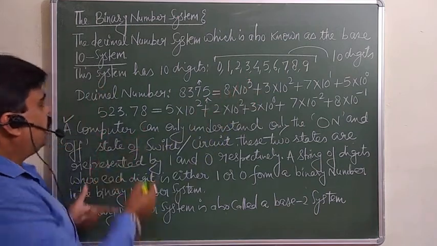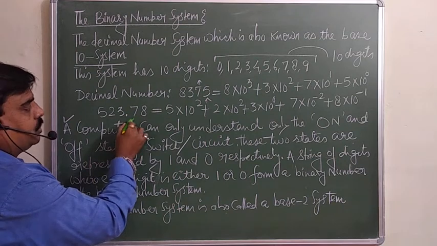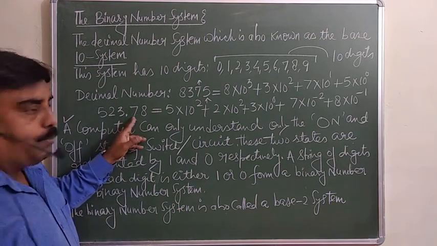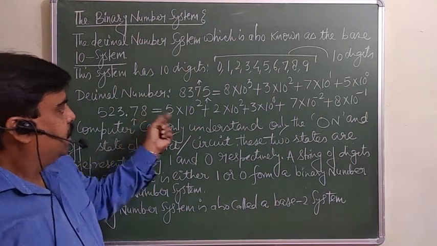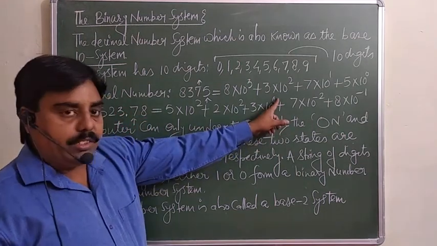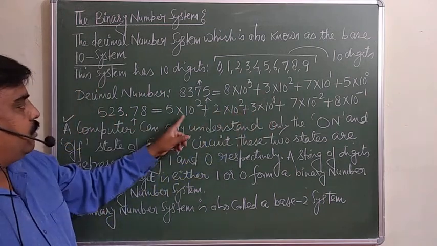Similarly, if the number is given in decimal form with a fractional part, like 325.78, this is the place of the unit, this is the 10th place, this is the 100th place. So these three digits we will write as usual, 3 into 10 raised to power 0 plus 2 into 10 raised to power 1 plus 5 into 10 raised to power 2.